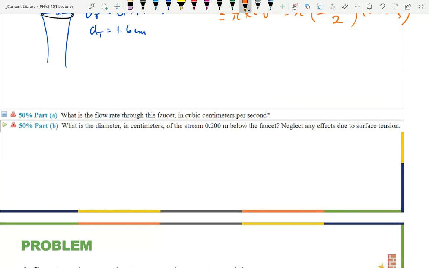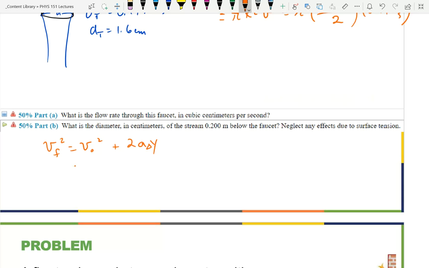One way you could have done it would have been using the Bernoulli equation, but that's kind of overkill. So which kinematic equation do I need? The final squared equals the initial squared plus 2a delta y. Delta y is vertical.